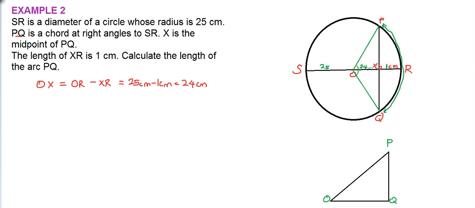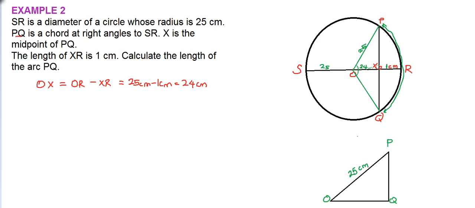We know that PO is 25 because that's a radius. So any line that goes from the center that touches the circumference is 25. So here, PO is 25 centimeter.